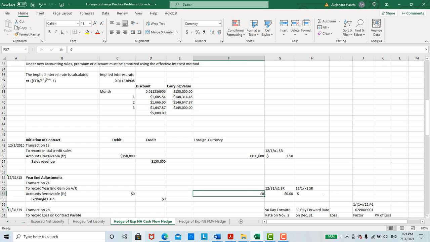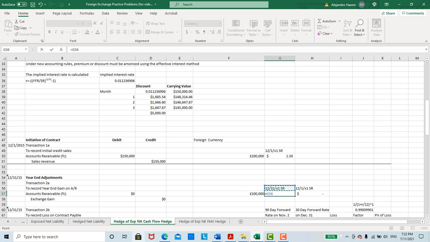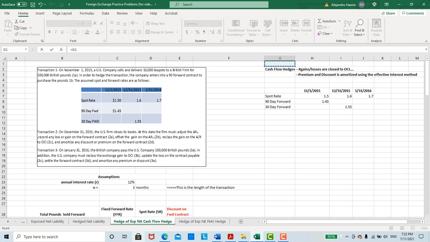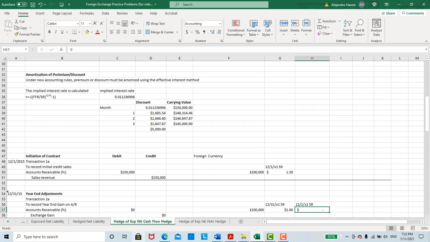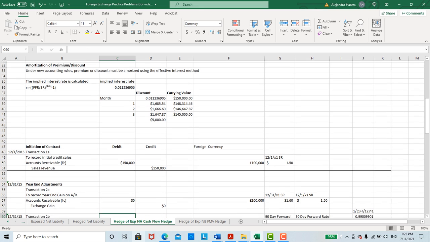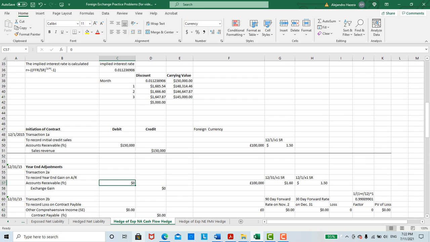Let's do this. Our base number is still 100,000 British pounds. Our current spot rate is $1.60, and our former spot rate is $1.50. So we're going to make our receivables worth 10 cents more for each pound.